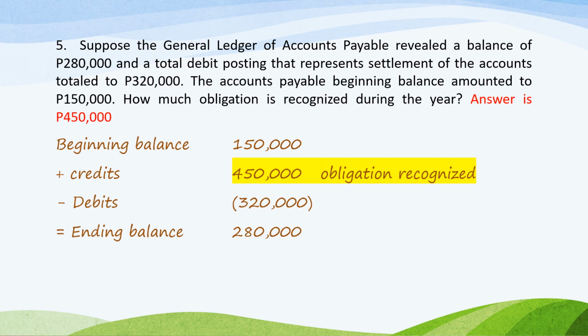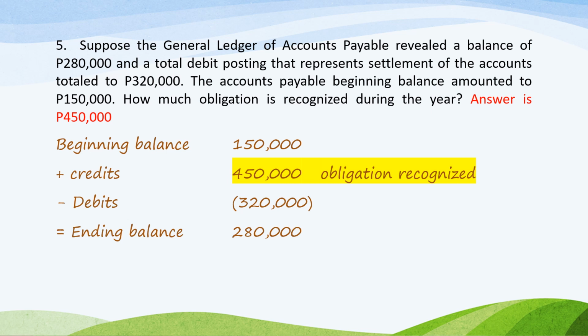So, to compute, we have the beginning balance of accounts payable, 150,000, plus credit. Actually, the credit postings of the accounts payable represent the obligation recognized during the period. So that is what we are looking for in the problem. And then minus the debits to accounts payable, which is given at 320,000, is equal to the ending balance, which is also given at 280,000.